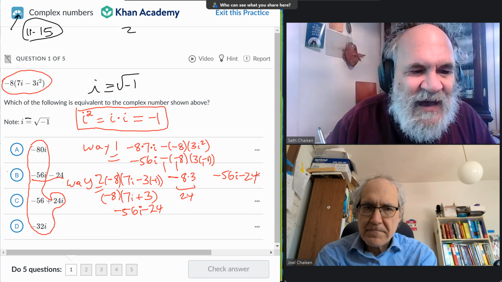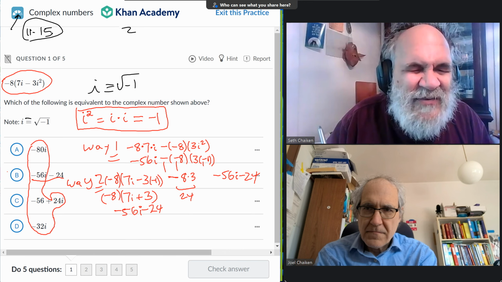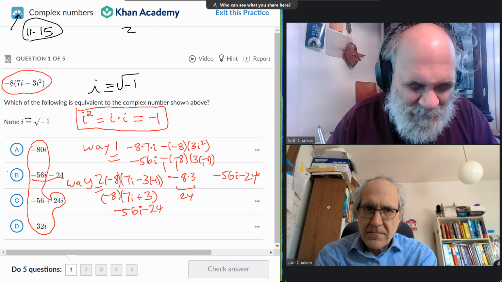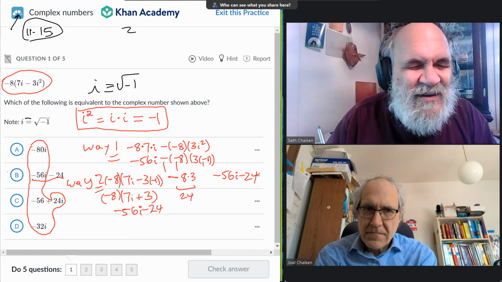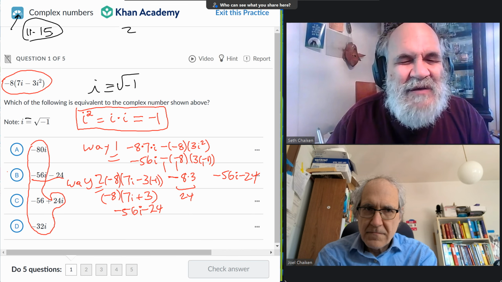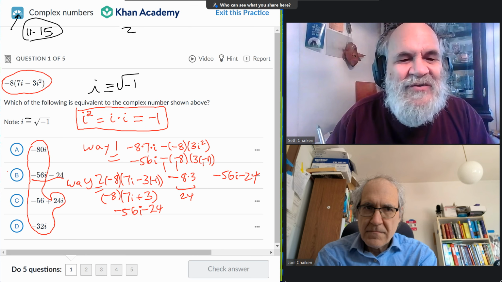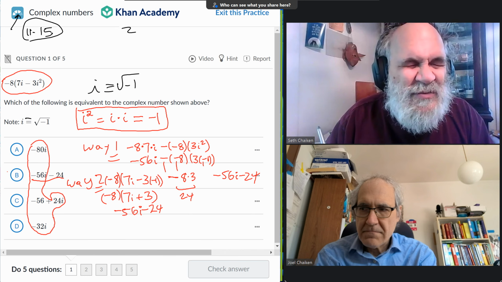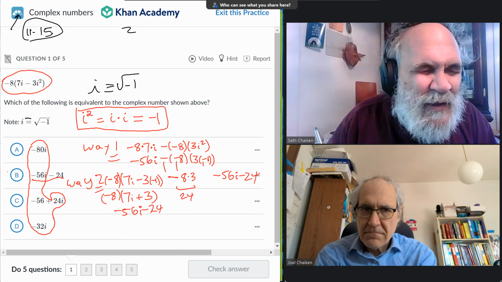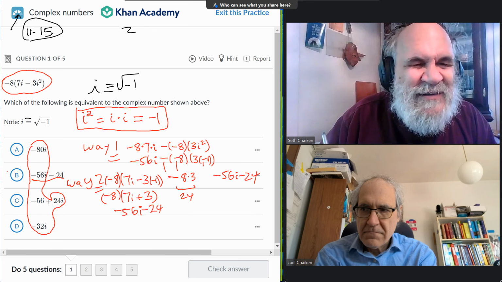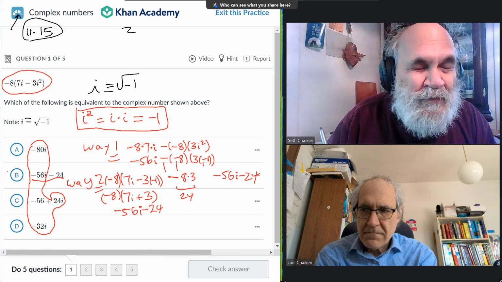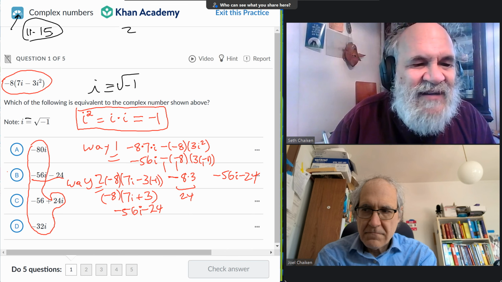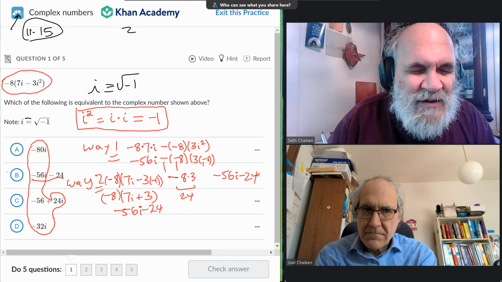Therefore, using the fact that, unlike life, the choices on the SAT are carefully built by the test makers so that there is one and only one correct choice, we could merely calculate what the imaginary part of this is and match it to the one choice that has that imaginary number as its answer.